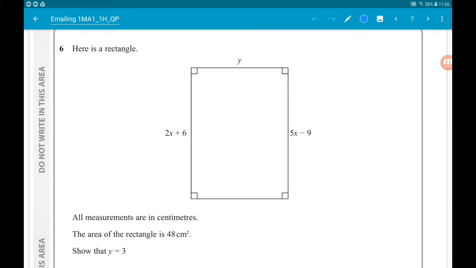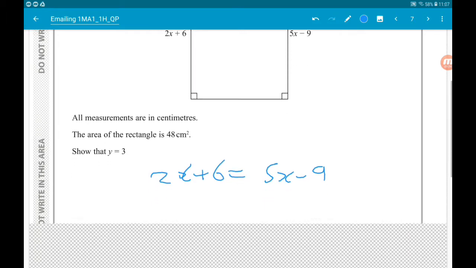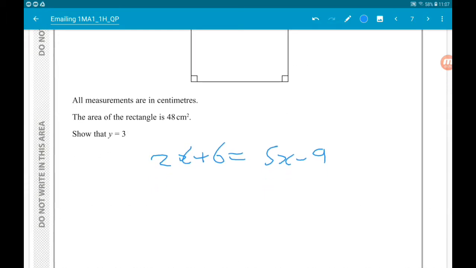So we know that 2x add 6 and 5x minus 9 are the same. So we say then that 2x add 6 is equal to 5x minus 9. Okay, so we now need to solve this for x.